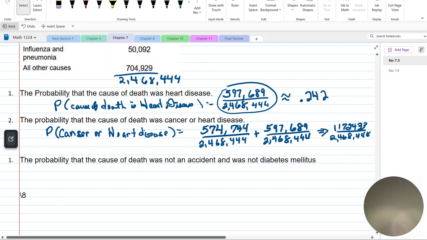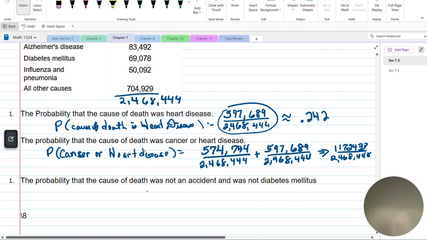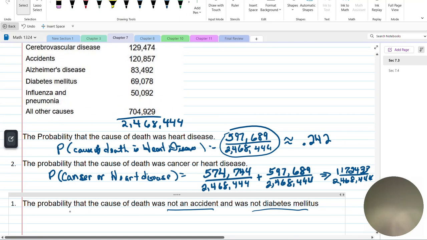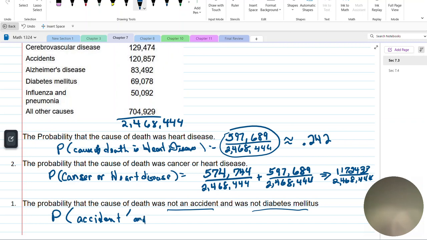So here we are at the last one. Okay, so the probability that the cause of death was not accident and not diabetes. All right, so that means one, the probability of accident not, and diabetes not.